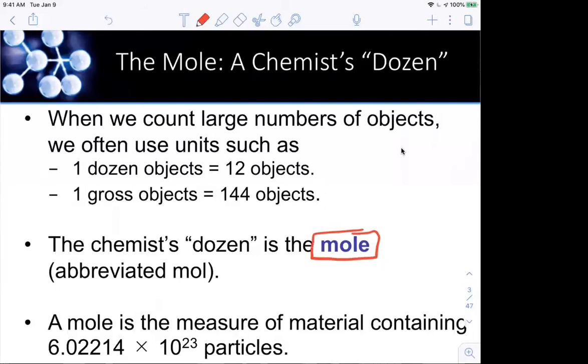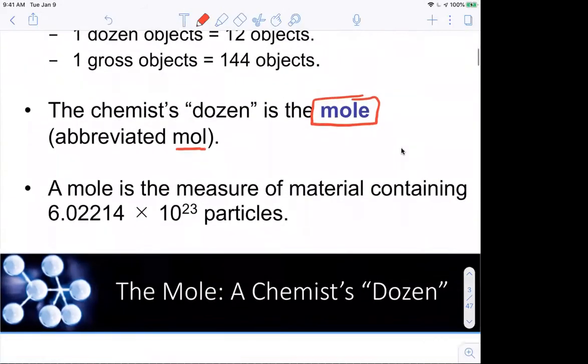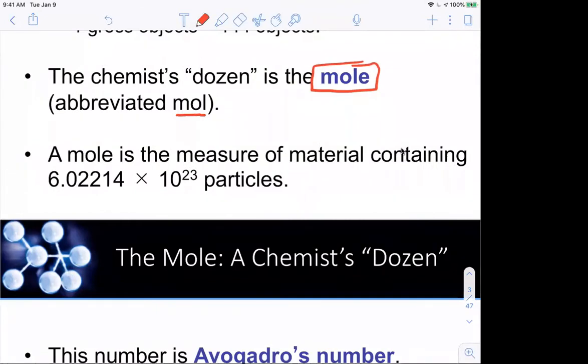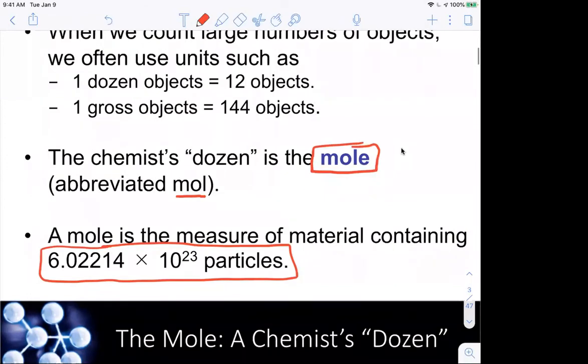This mole is abbreviated mol, and the value of a mole is going to be this number, which is also called Avogadro's number. This has been measured experimentally, and it's been measured to a high degree of precision.